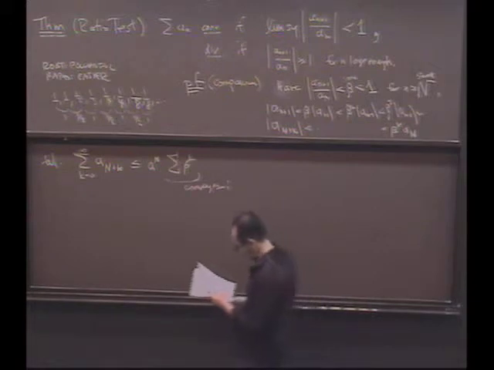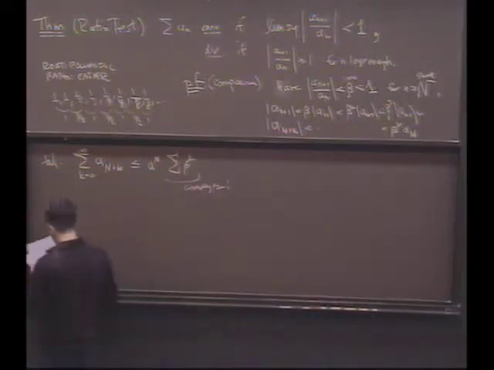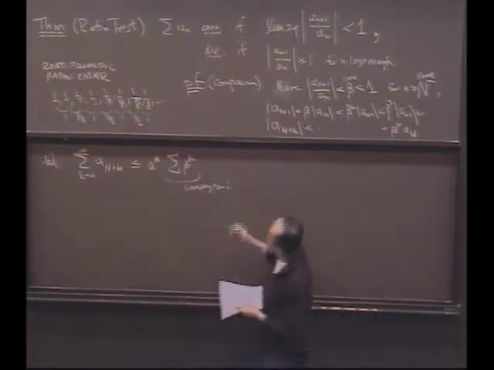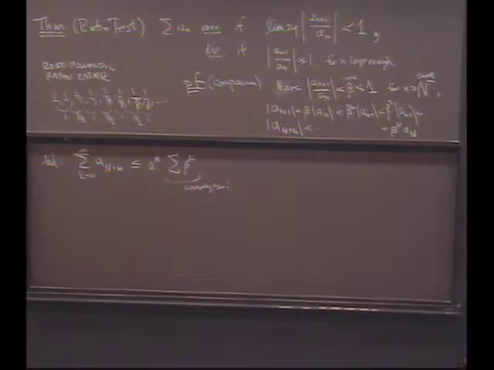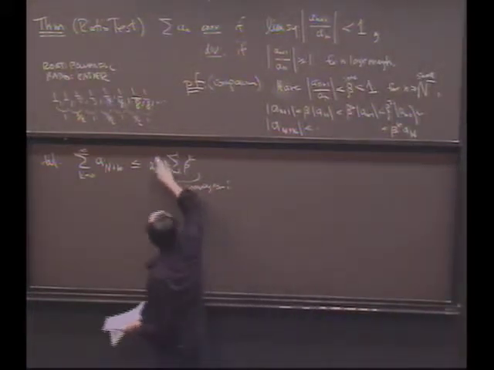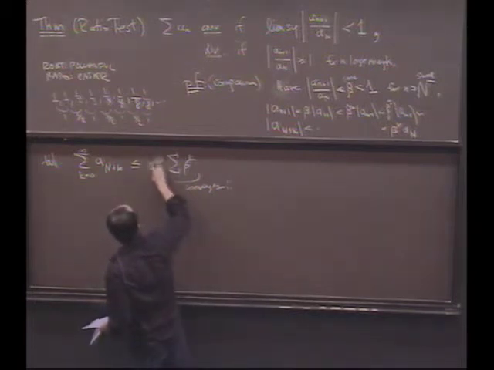So this tail is bounded by A sub n sum beta to the k. And that's enough to give us convergence of our series. Sorry, that's A sub n, isn't it? Thank you.